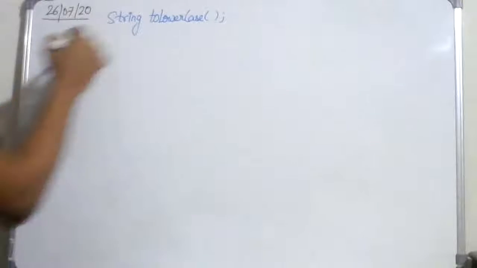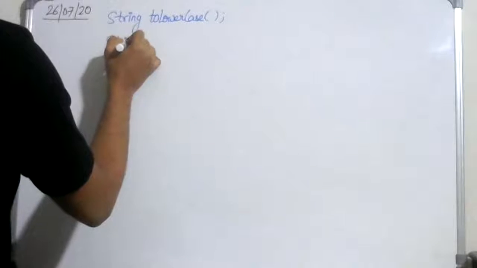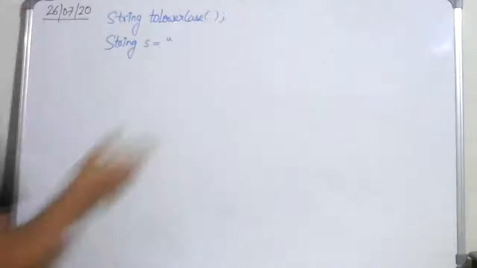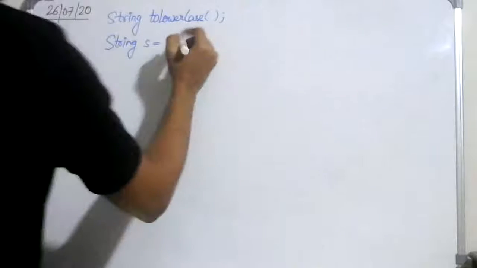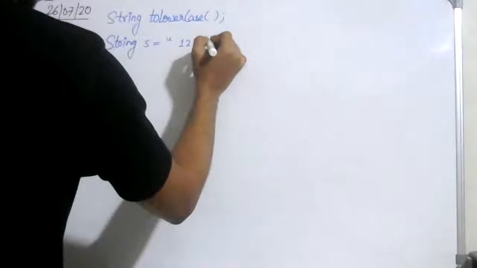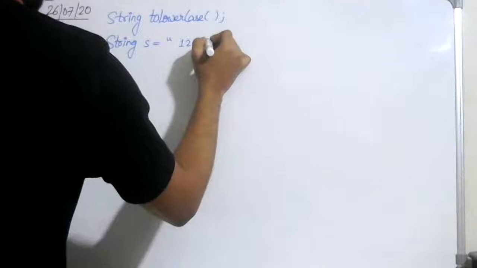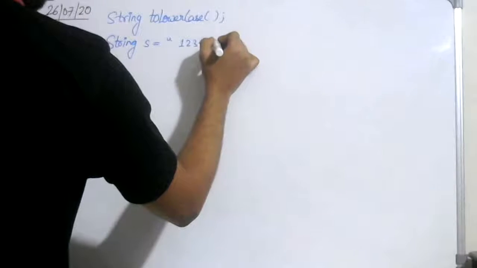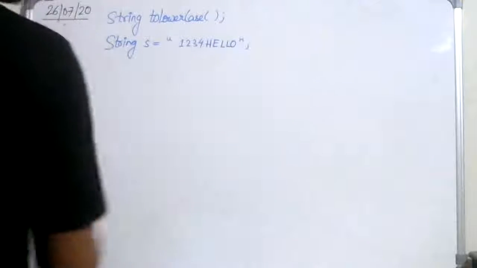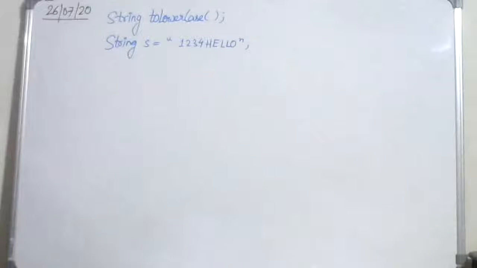Now let's say I again have a string variable that has a string, let's say 1 2 3 4 hello. Let's say this is my string. As you can see, the string value does not consist purely of letters. It has numbers as well as letters.